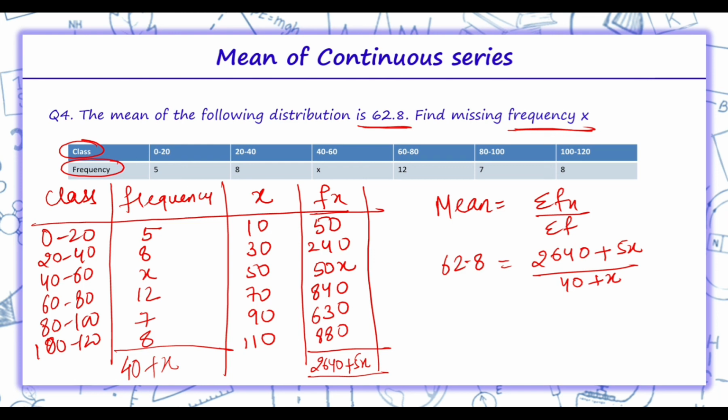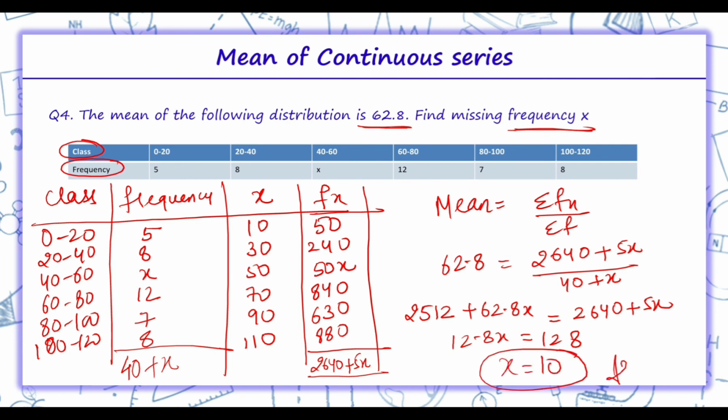On cross multiplication, we'll get 62.8 into 40, which is 2512, plus 62.8x equals 2640 plus 50x. On shifting over this side, 12.8x is equal to 128. Thus, the value of x is 10. That is, the missing frequency is 10.